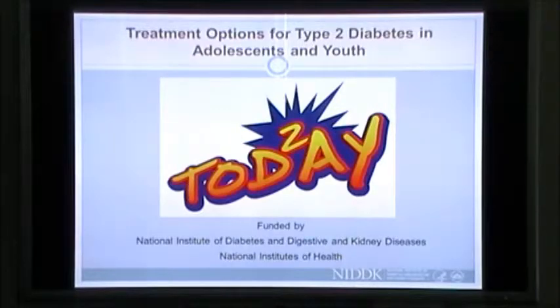We don't really know how to treat it. There's a lot of argument about metformin versus insulin, etc. So they issued an RFA around 2001 for folks to participate in a trial to look at treatment options for kids with type 2 diabetes.